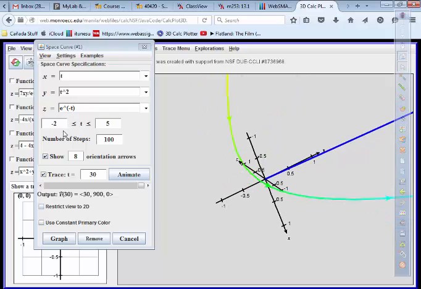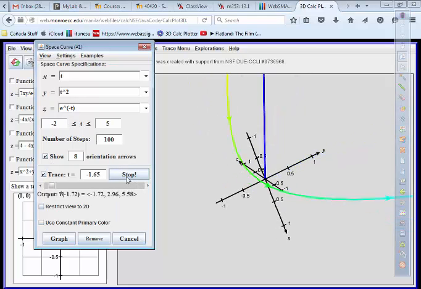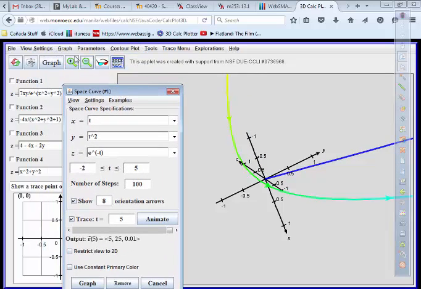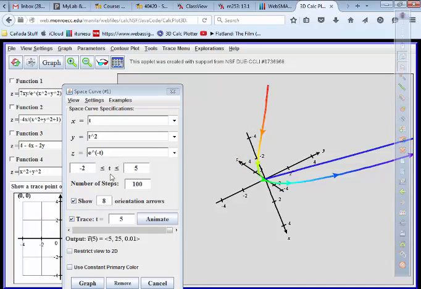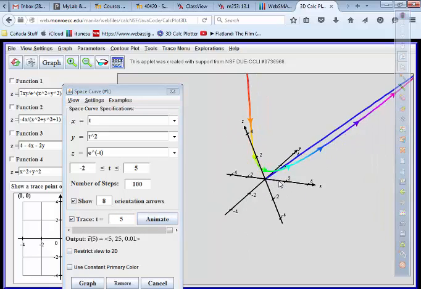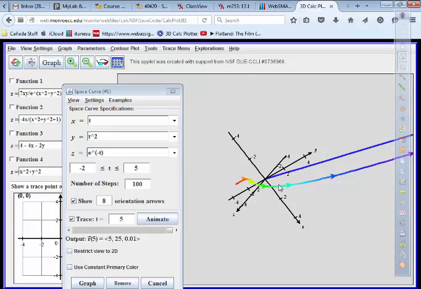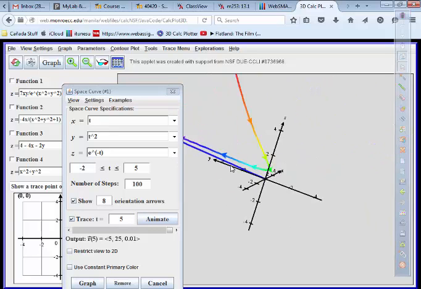I don't know, it's hard to see this. Let's try to animate, trace it. Let's try to zoom in or zoom out maybe. And then animate and trace again. Let's take a look at the view from sideways.